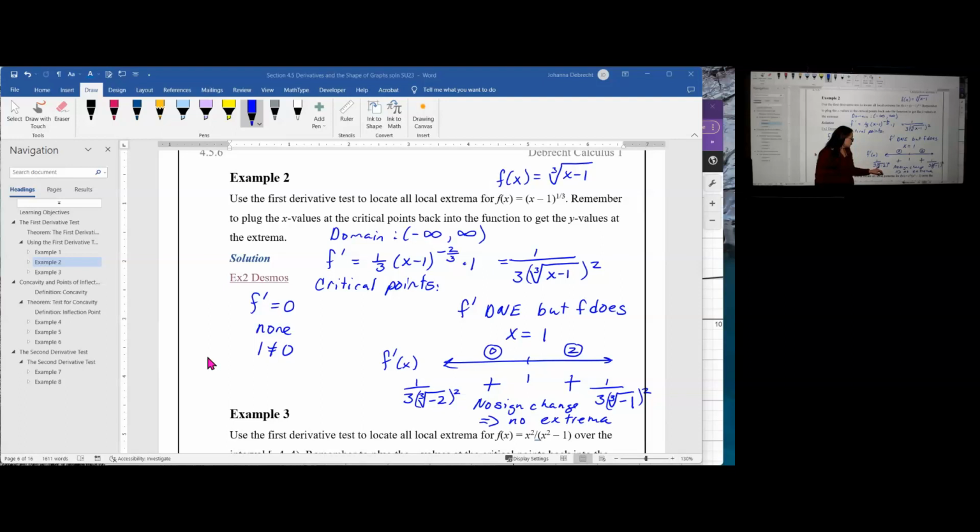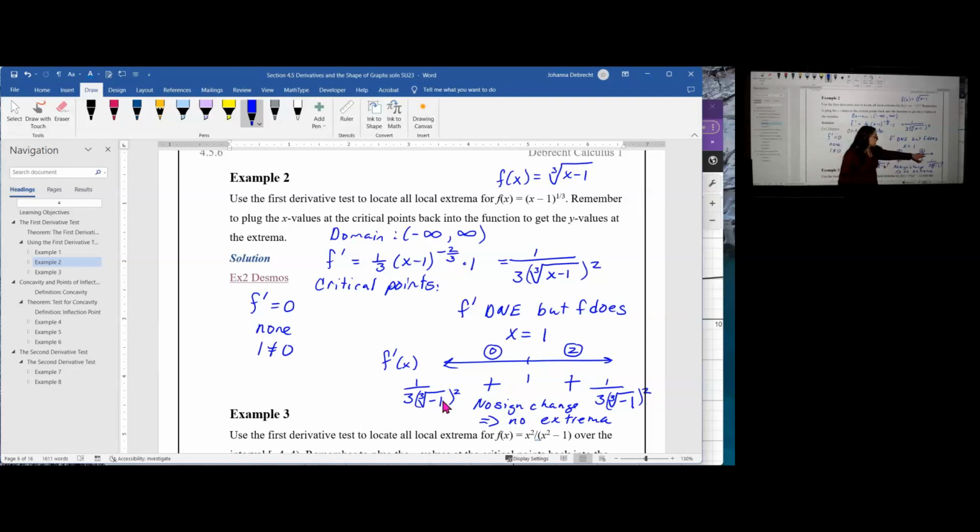When we substitute it on the left side, I don't know how I got a negative 2 under there. This should be negative 1. The cube root of negative 1 is negative 1, but it's squared, which gives me a positive 1/3, meaning it's increasing.